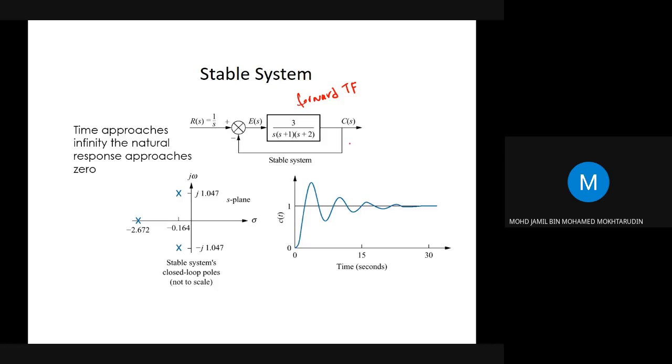And the bottom line here, if you have a box here, we call this backward transfer function. Then first you need to simplify the block diagram. You simplify using feedback formula.